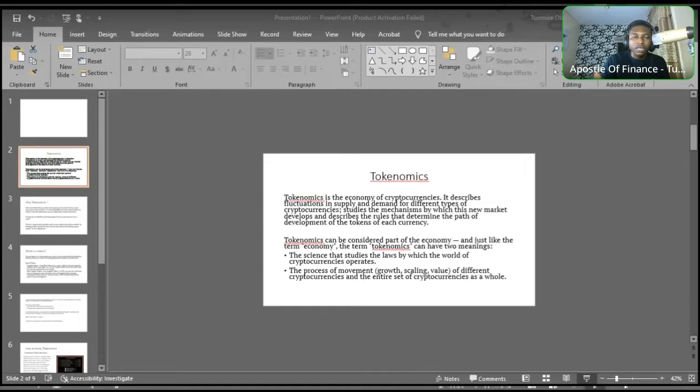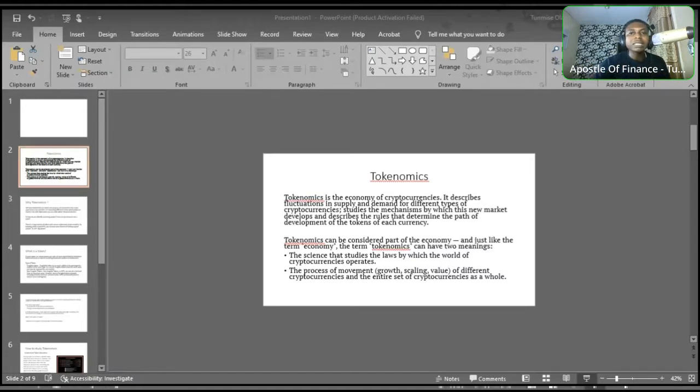And if there are no sufficient tokens while everybody is buying, you want to ask yourself where these other tokens are coming from. That's where supply and demand comes from. On the other hand, tokenomics is also seen as the process of movement, either growth, scaling, or value of different currencies and the entire set of cryptocurrencies in the world.